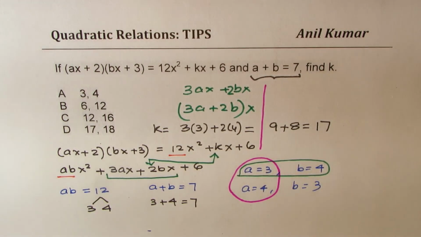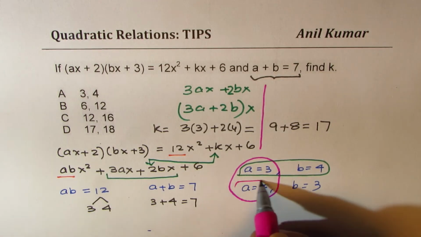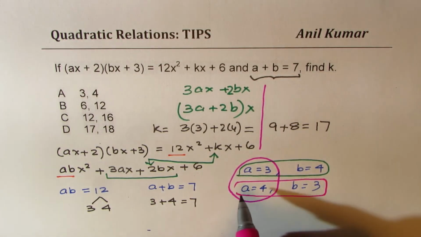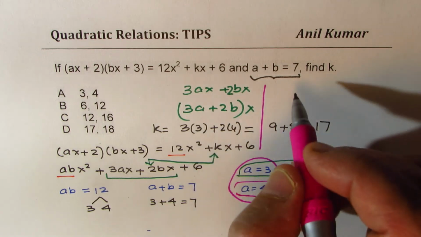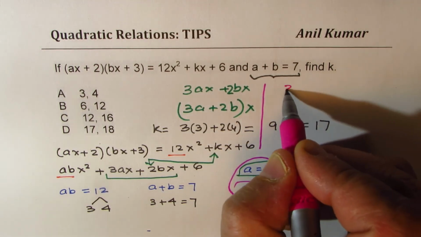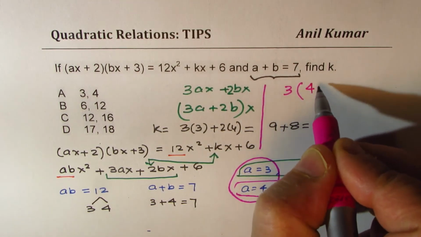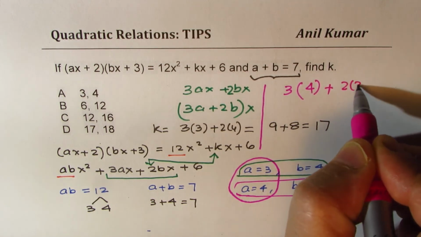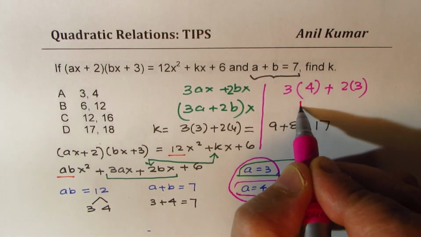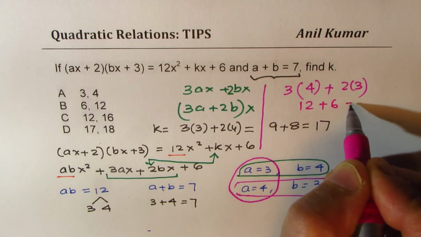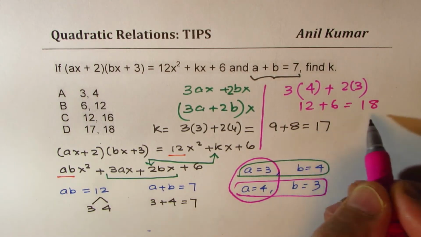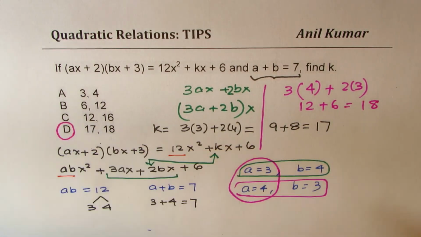The second option is that you take a as 4 and b as 3. In that case, you get 3 times 4 plus 2 times 3, which gives you 12 plus 6, which is 18. So 17 and 18 is the right choice.